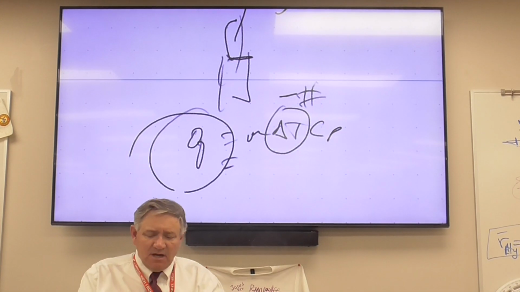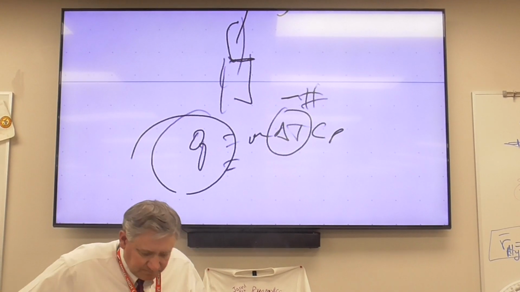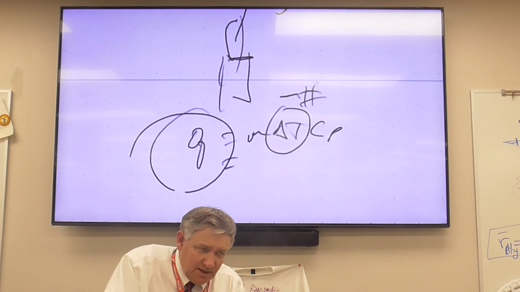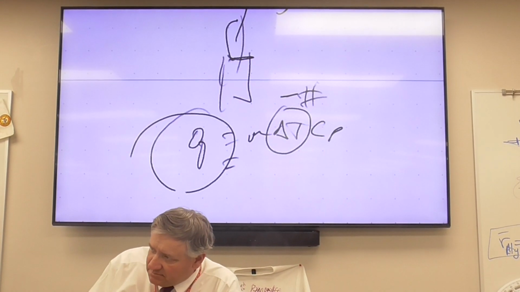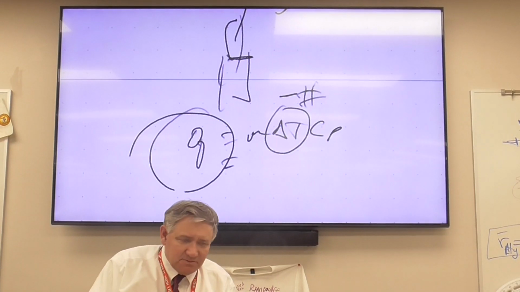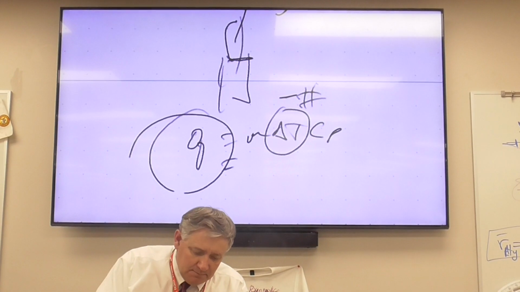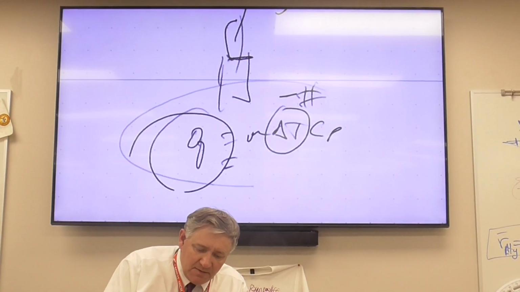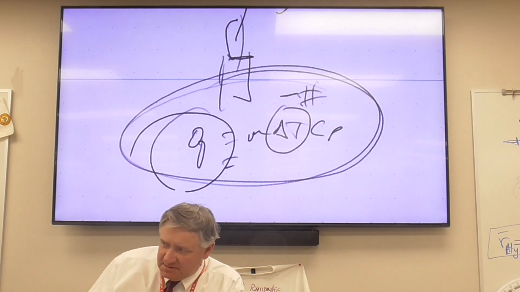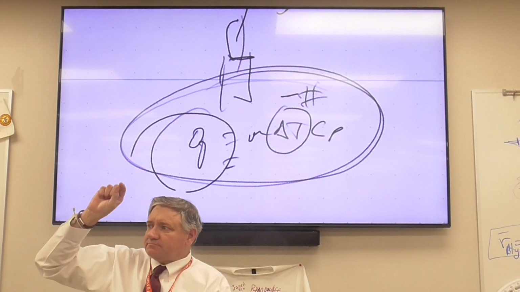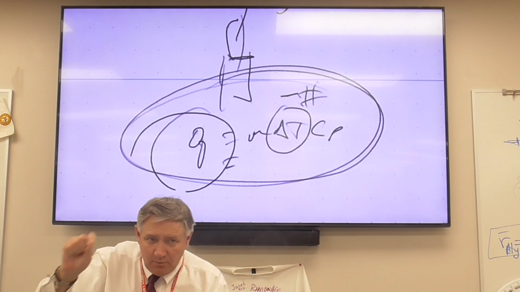But this hinges on the idea that energy lost equals energy gained. It's one of the laws of thermodynamics, the first law of thermodynamics. Whatever energy you lose has to be gained somewhere. So when you calculate this, you're calculating the energy that was lost by the water.